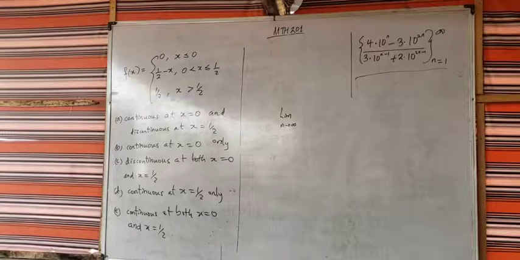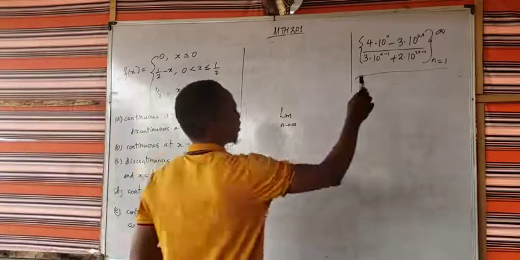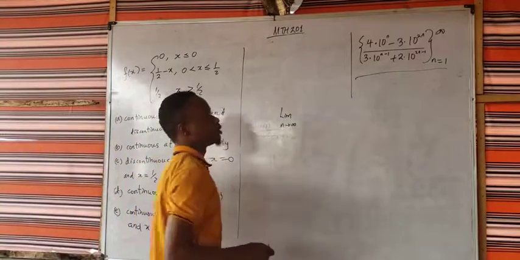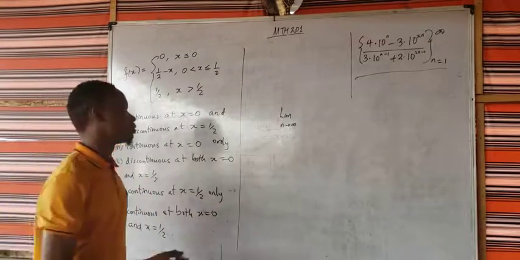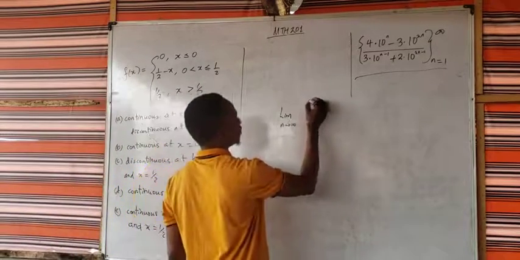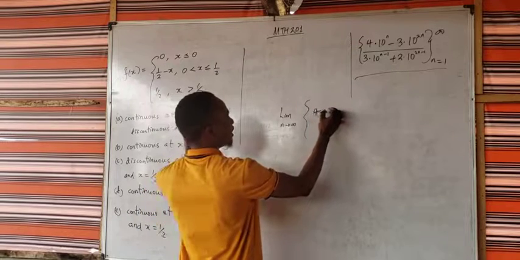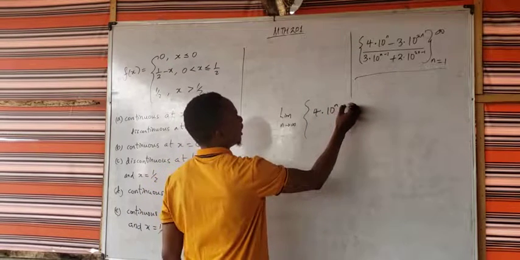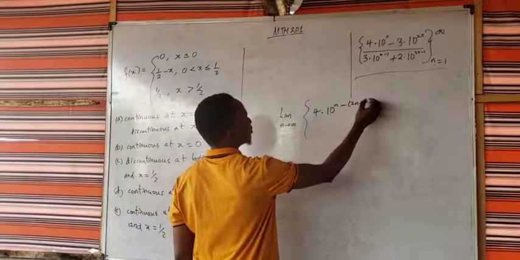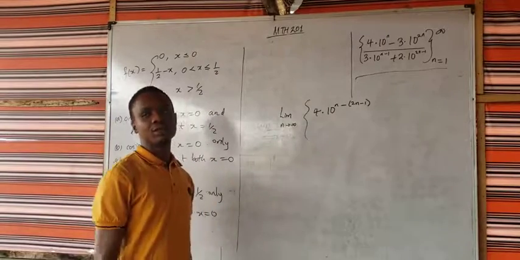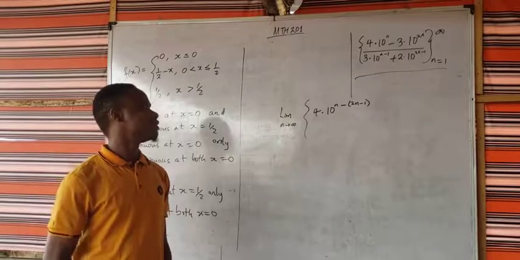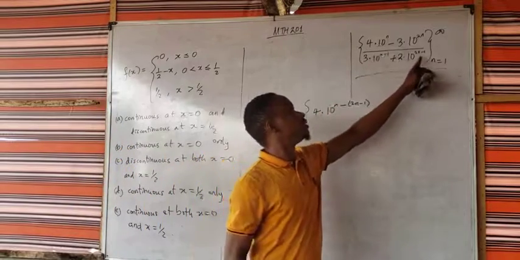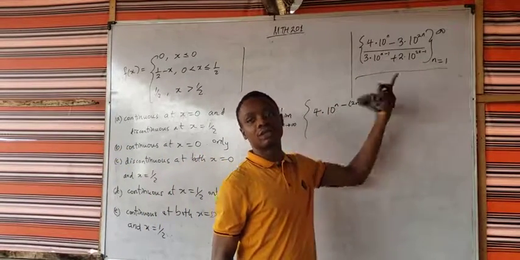Does it make sense? So what's the highest power in the denominator here? 2n minus 1. So I can divide all through by 10 raised to the power 2n minus 1. Does that make sense? Yes, sir. Okay, so I'm going to have the limit of 4 times 10 raised to the power n minus 2n minus 1. Do you understand what I'm doing? So you said divide through, yes, the 10 divided by 10 raised to the power 2n minus 1.